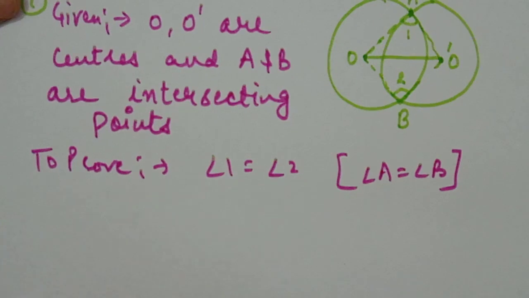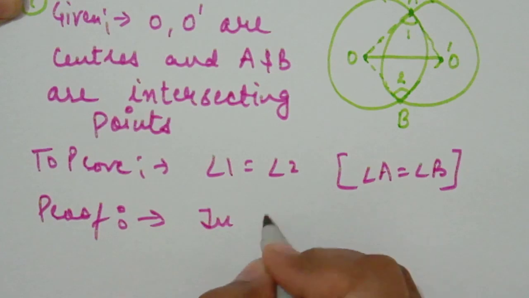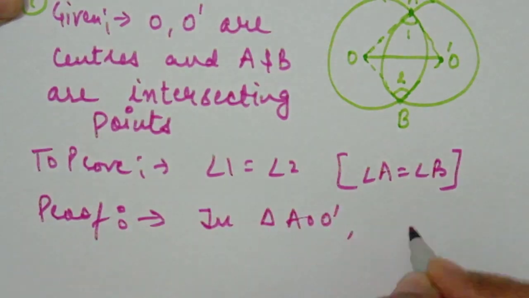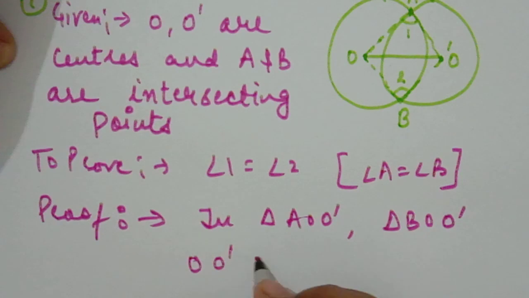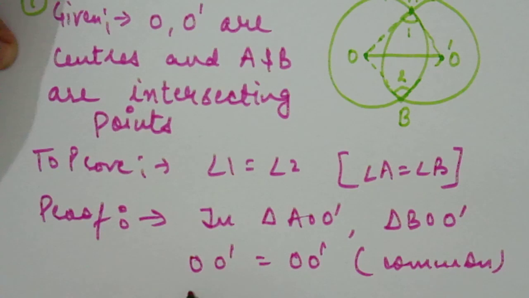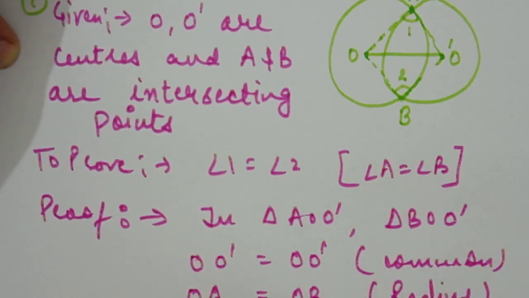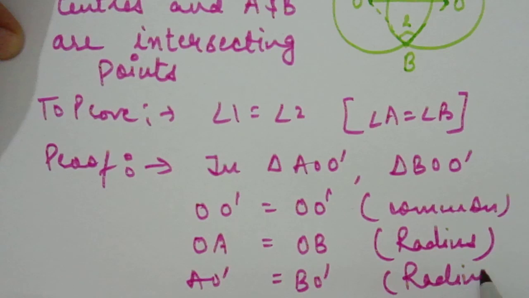So students, we have to start our proof. In triangle AOO dash and triangle BOO dash, we need 3 elements. First of all, OO dash is equal to OO dash, common. OA is equal to OB, radius of the same circle, and then AO dash is equal to BO dash, radius of the second circle.